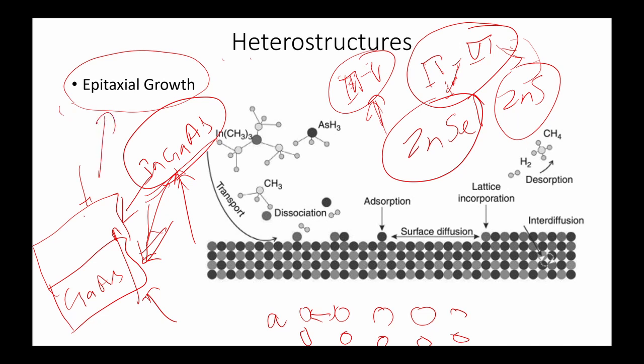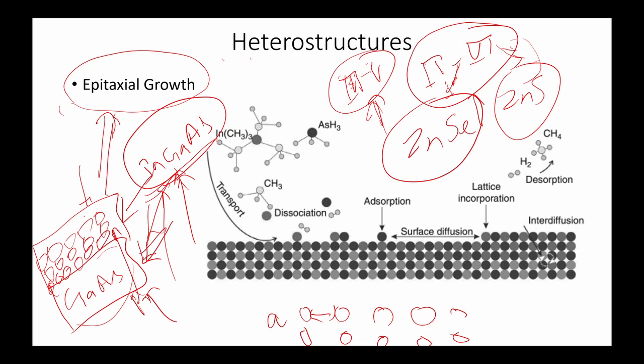It is not that easy, because it should be layer by layer, atomic layer growth: one layer first, then the second layer, then the third layer. That we call epitaxial growth, which follows the same structure as the substrate we are using.